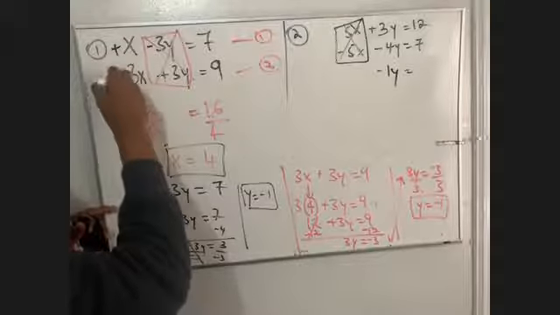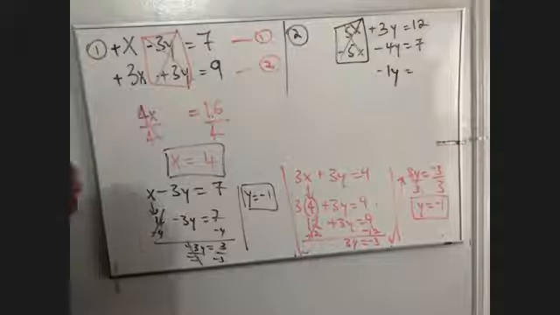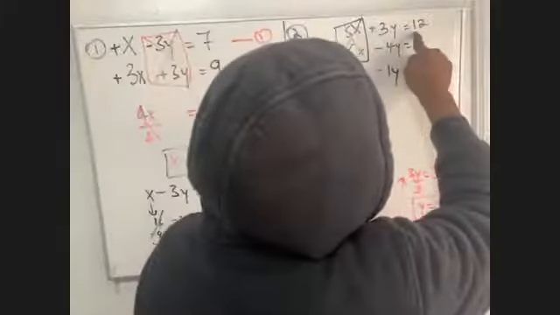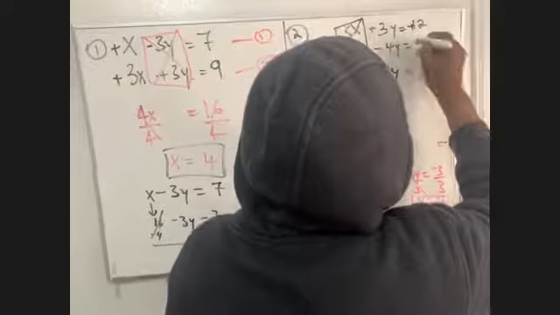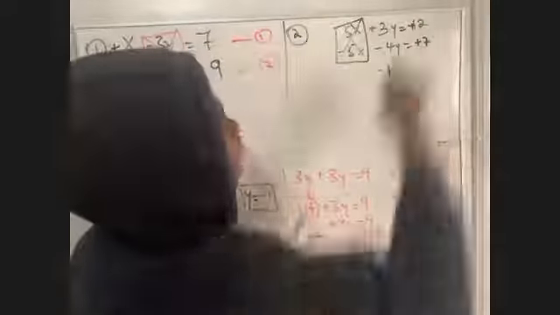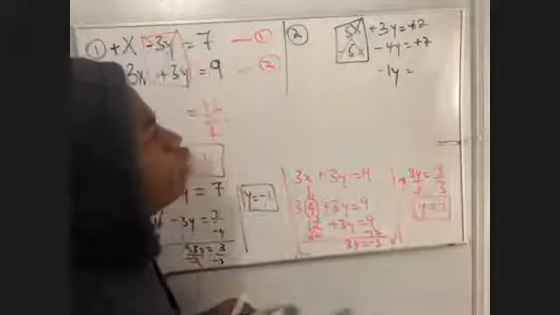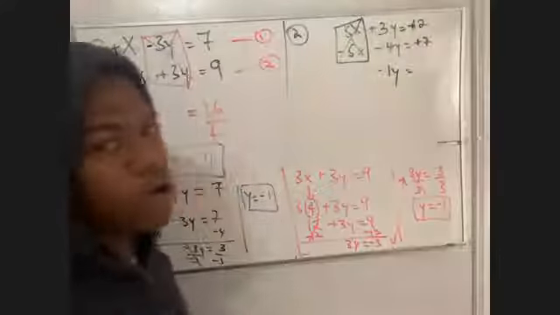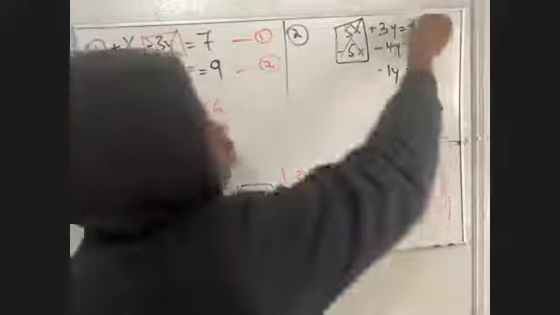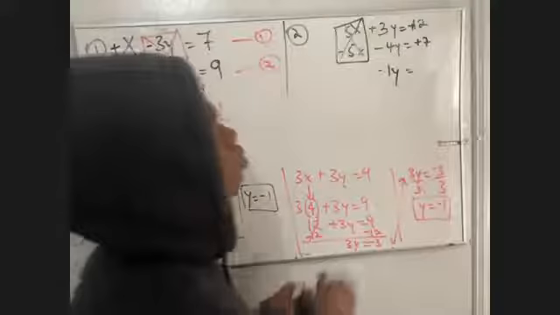If you know this 12 is positive, you can put positive 12 and positive 7, so that you know you are adding them. Can you see it now? 12 plus 7.